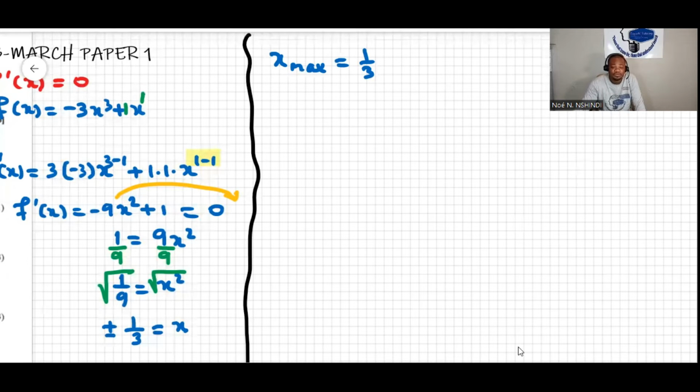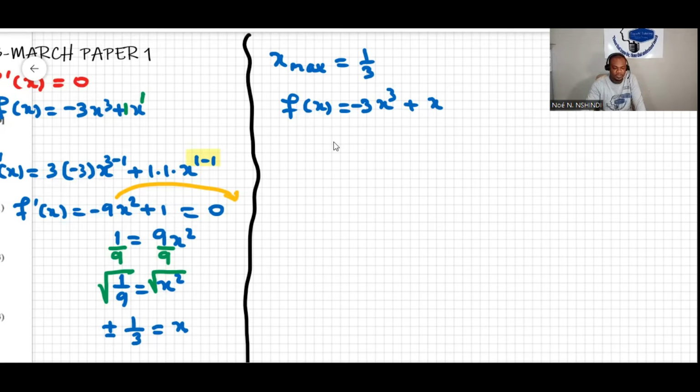then we can find the corresponding y value. Because f of x is equal to negative 3x cubed plus x, we substitute the value of x max here to find the maximum y value.